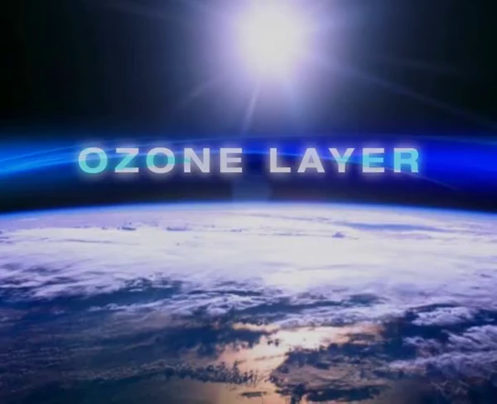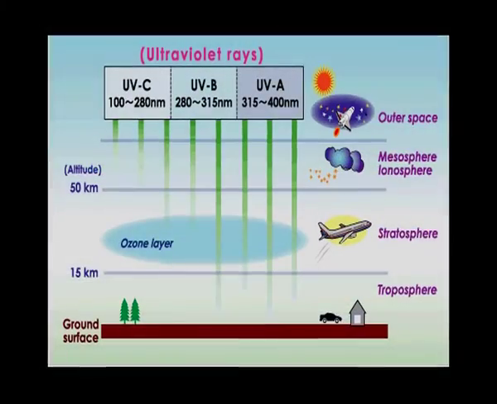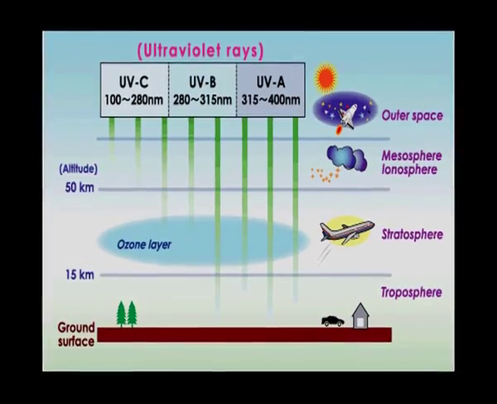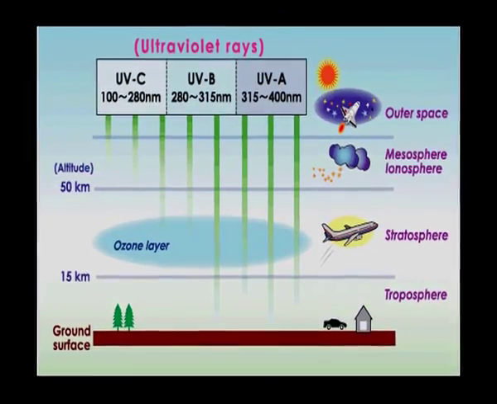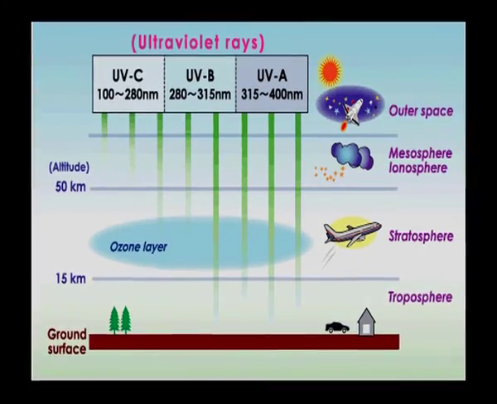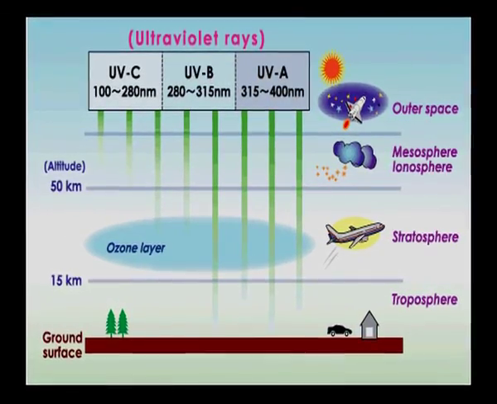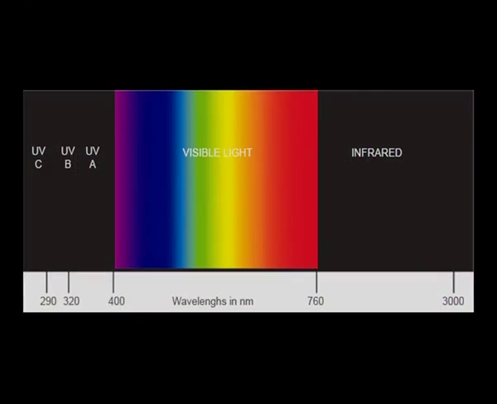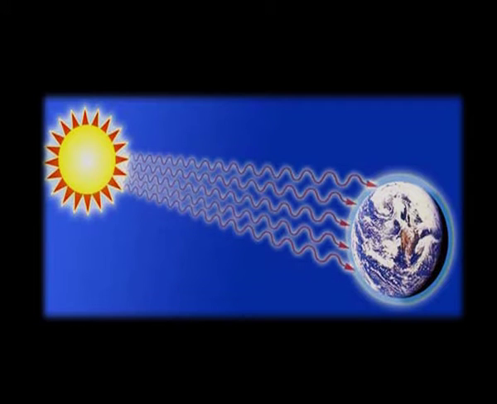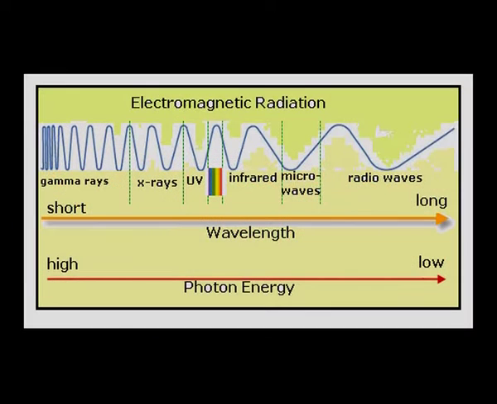Evidence exists to confirm the origin of life due to the existence of this layer. The O3 layer has reduced the effect of ultraviolet radiation, thereby making life possible on the earth. Sun emits its energy largely in the form of electromagnetic radiation. It includes short waves, visible light and long waves.